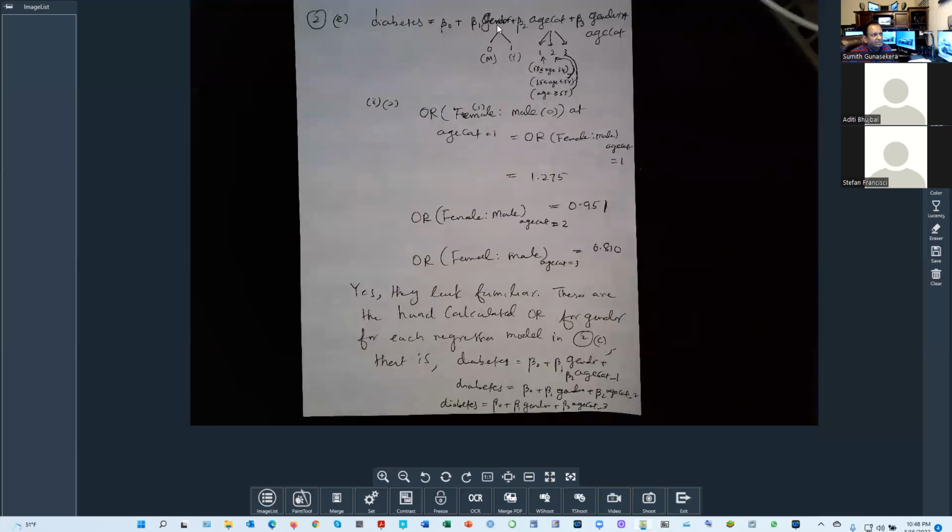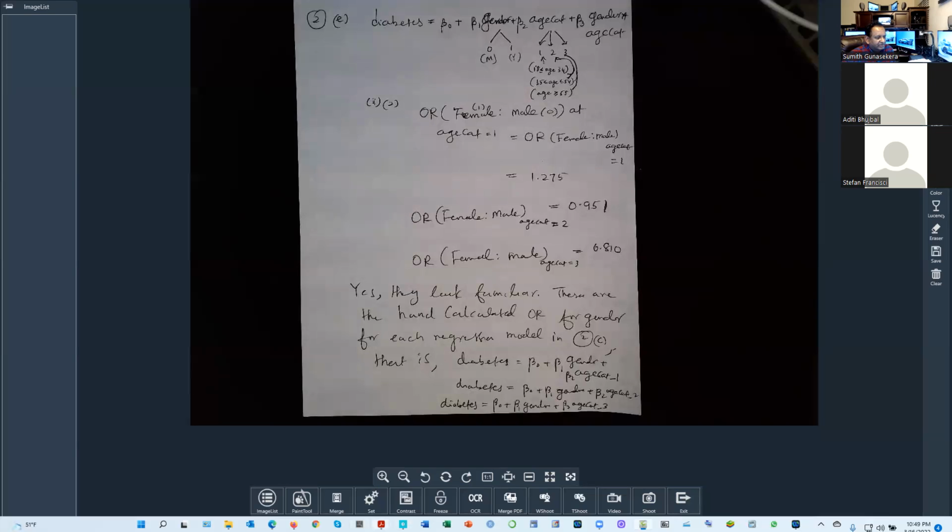This one: gender, age category, and gender by age category. Try to get the interaction term. You don't have to go with age category 1, 2, 3 like that. Those are already embedded within this one for the different age groups, 18 to 34, 35 to 54, and more than 55. So then you can see the male to female OR at age category 1, then age category 2, age category 3.